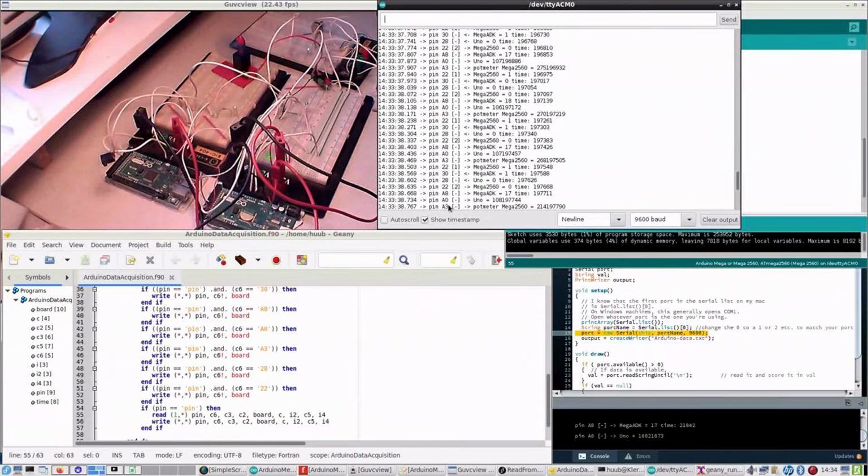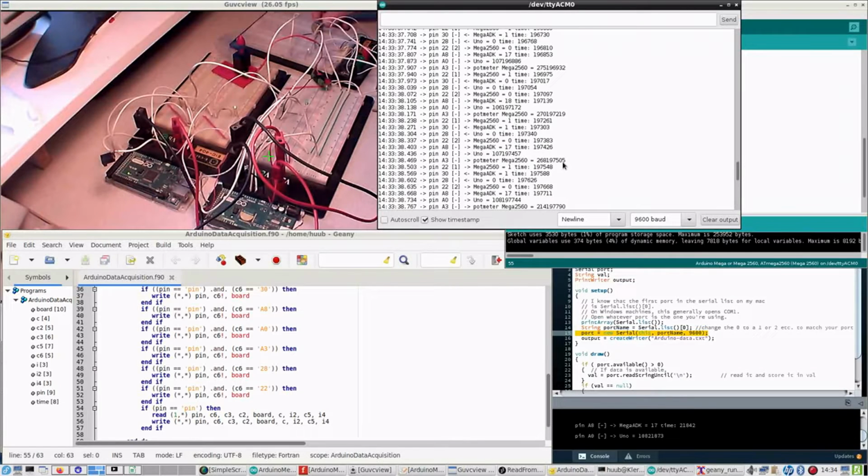A3, definitely A3. But if I compare this value to any value on the Uno, then it shows very different.